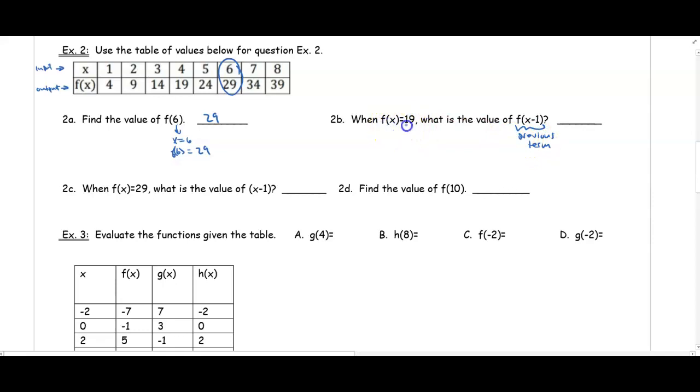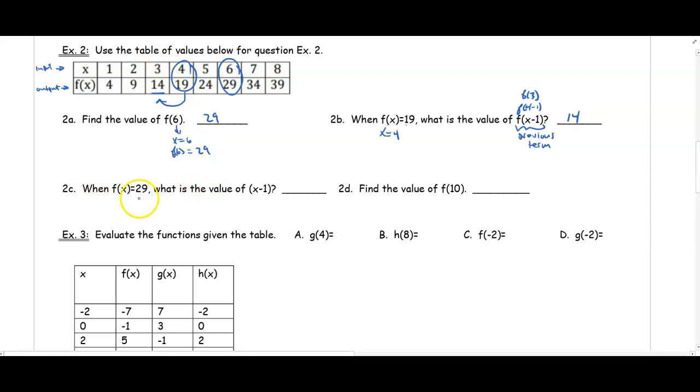If f of x is equal to 19, I know x was equal to 4. So what is the value of f of x minus 1? That would be f of 4 minus 1, which is f of 3, and f of 3 would be 14. Remember, f of x minus 1 tells you, if I go to the previous term, what's my output? My output would be 14. Try the next one on your own and come back and check your answer.